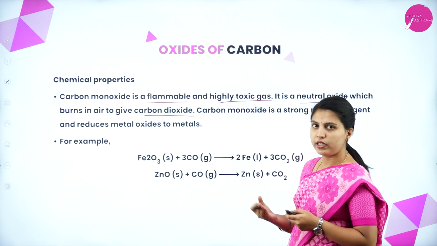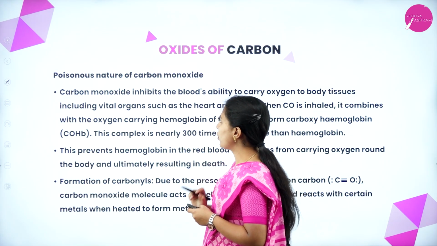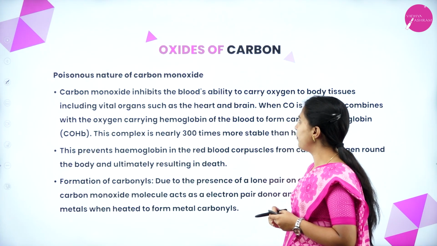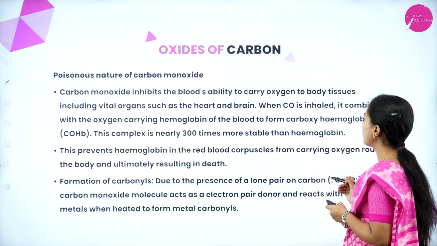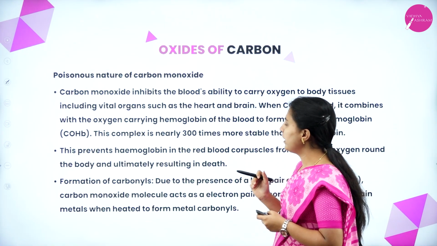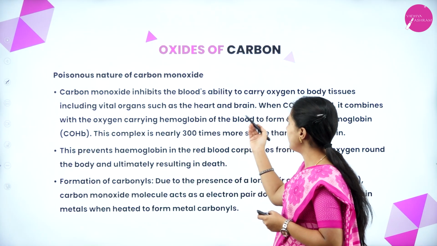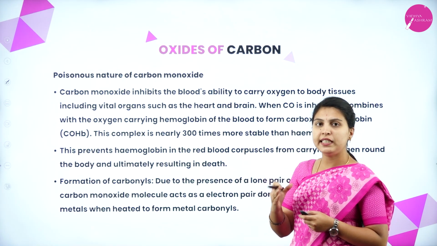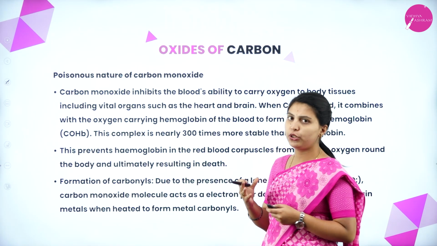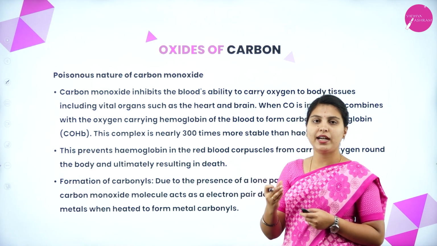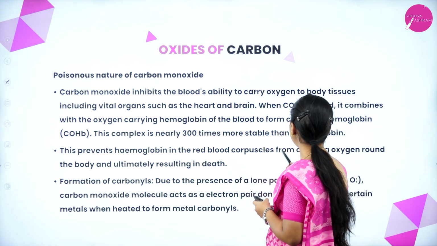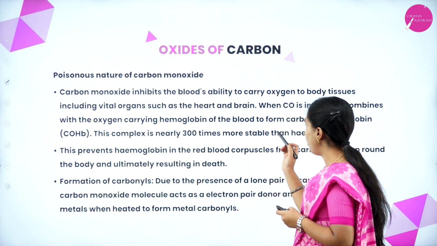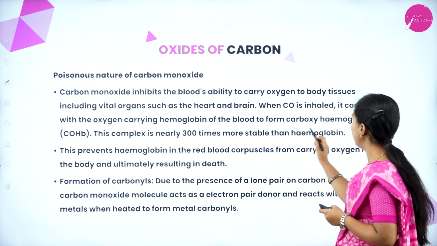Next, poisonous nature of carbon monoxide. Carbon monoxide inhibits the blood's ability to carry oxygen to blood tissues, including vital organs such as the heart and brain. What will carbon monoxide do? It will inhibit the blood's ability to carry oxygen to the heart and brain. When carbon monoxide is inhaled, it combines with the oxygen carrying hemoglobin of the blood to form carboxyhemoglobin.